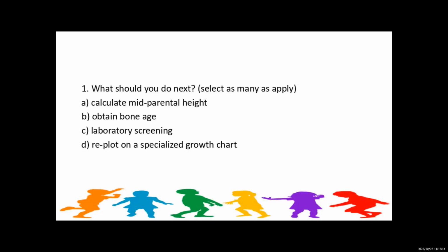Constitutional growth delay. Yeah. Basically, most of those diseases are of sexual development delay. Okay, I see. Well, in terms of our next step, for sure, we calculate the mid-parental height.